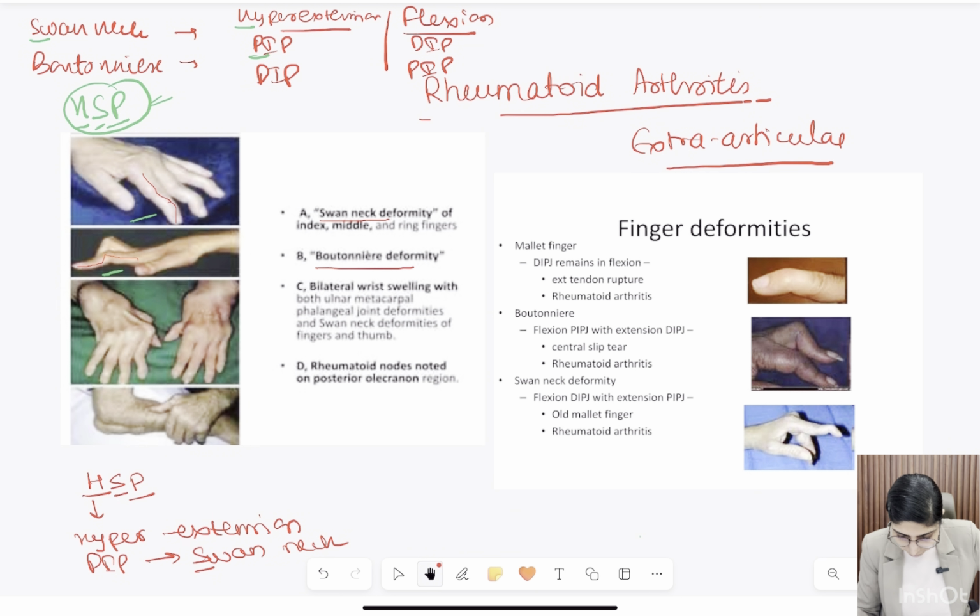Now, this is something that is also known as a Z-line deformity. What is a Z-line deformity?